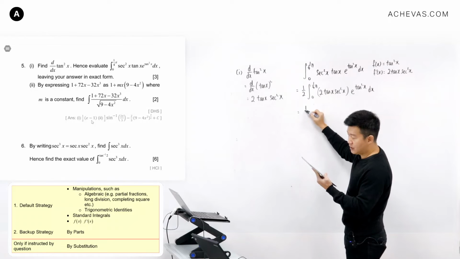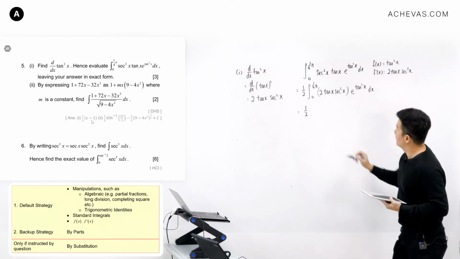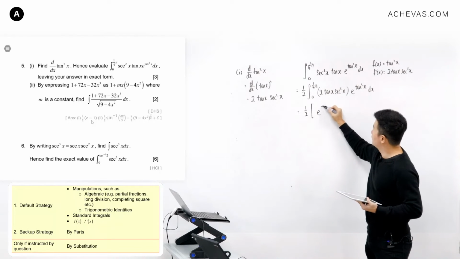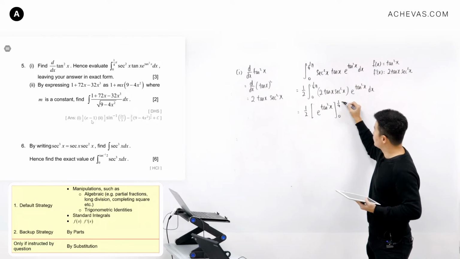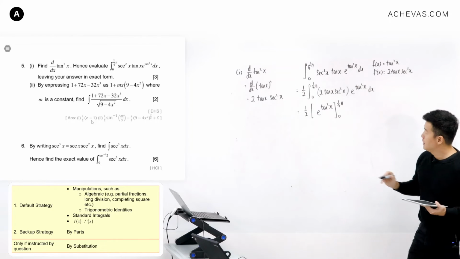So we will have a half of e to the power of tangent squared x from 0 to 1/4 pi.